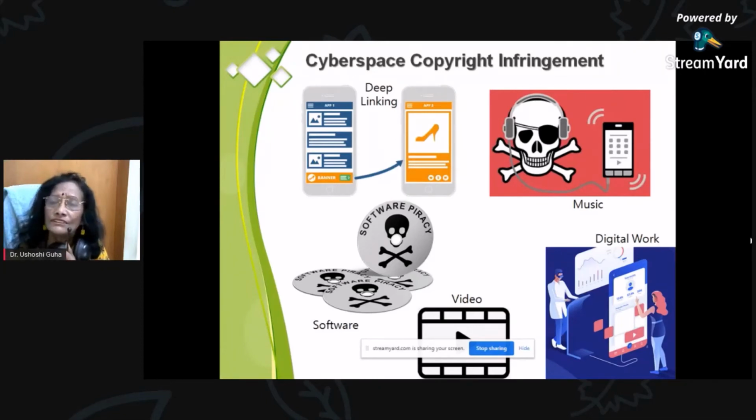So now, on cyberspace, yes, many are falling prey to infringements or cyberspace attacks. But once infringement is caught hold of, it is detected very quickly, and at the same time penal action starts.